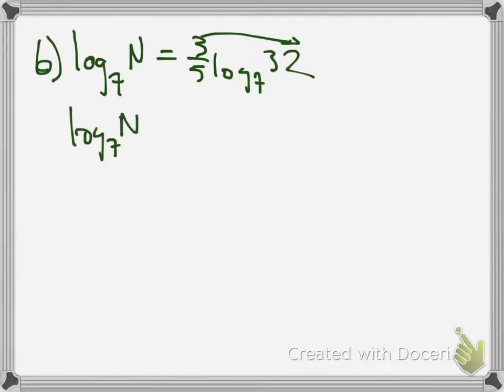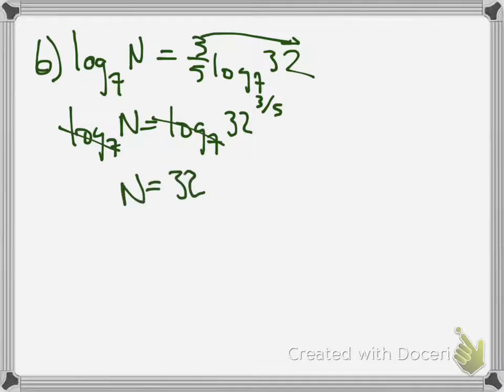Log base 7 of n is equal to log base 7 of 32 to the 3/5 power. Now I have a single log, everything's inside on each side. Cancel out the logs, and you're saying n is equal to 32 to the 3/5, which you can type into the calculator to get a final answer of 8. Yay! That one's kind of easy.